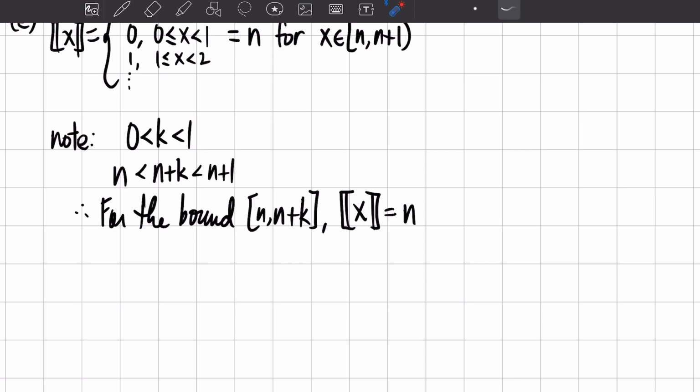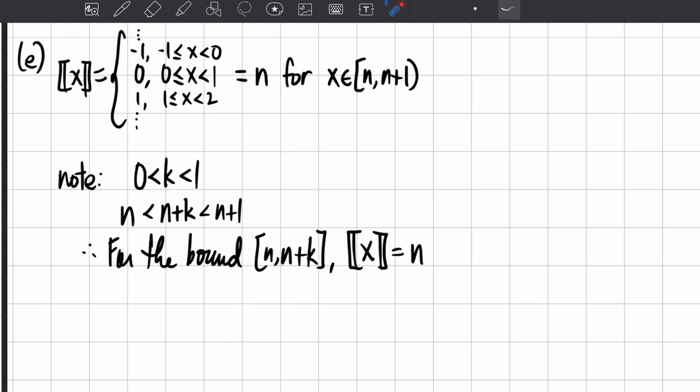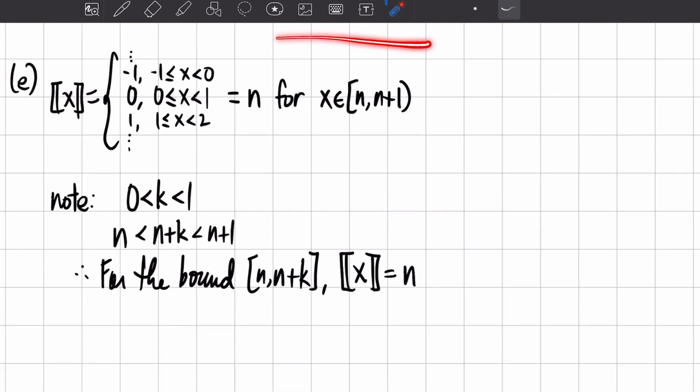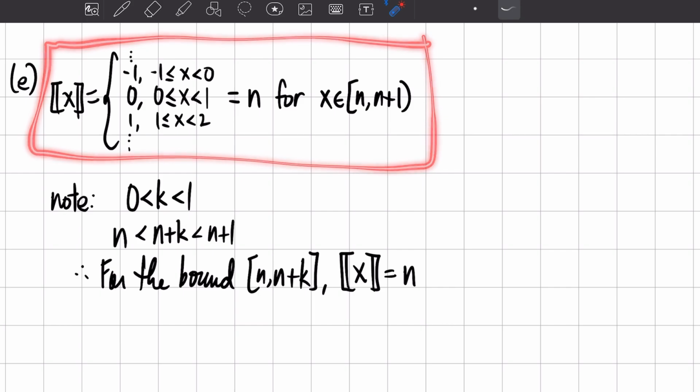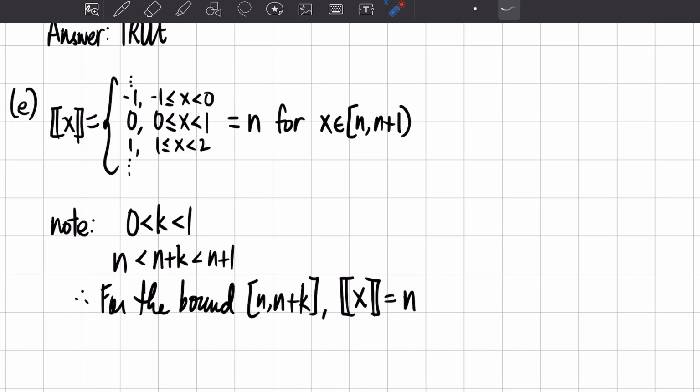But if you consider the extreme case, we have that n plus k is in between n and n plus 1. So, by this definition right here, this is telling us that for any number inside this one, your greatest integer value of x would just be n.